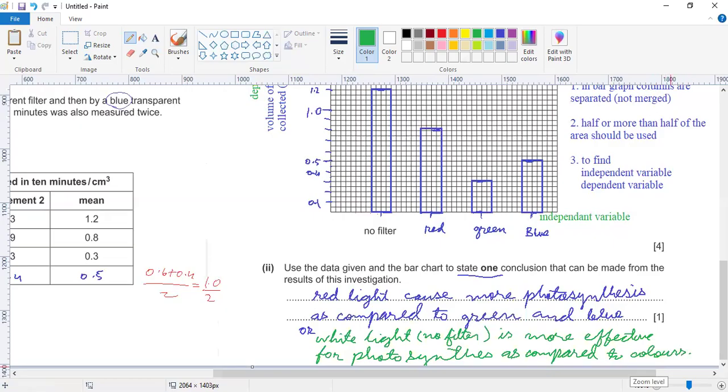So you can write any conclusion. There are several conclusions, and you can see the marking scheme as well.